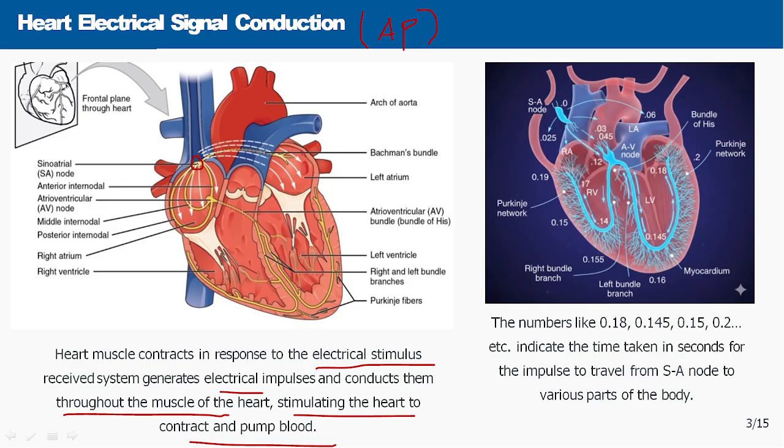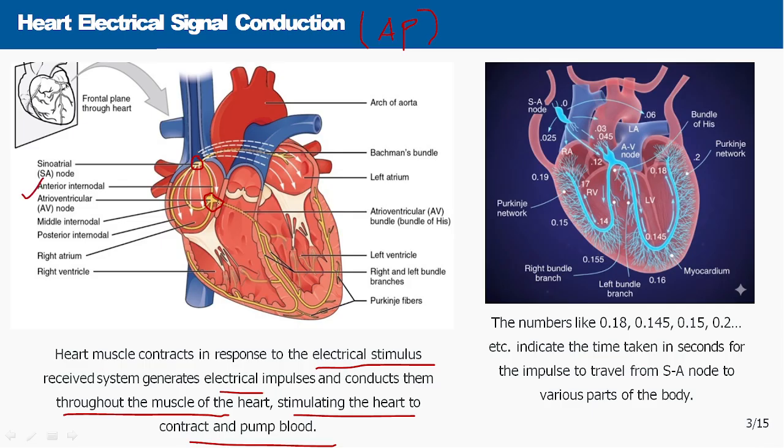Then you can mark that the signal will travel through this path, the internodal path. Through those internodal paths, the action potential which has been generated at the SA node will travel to the atrioventricular node.